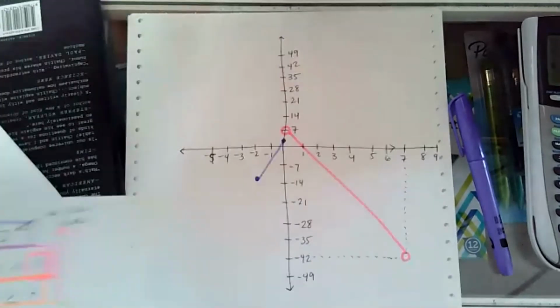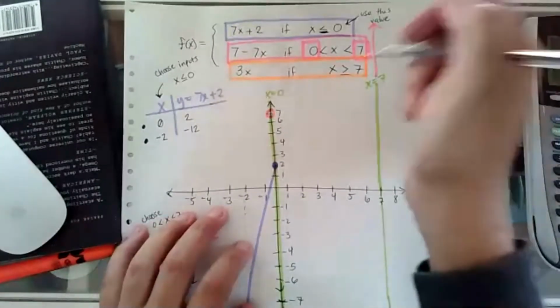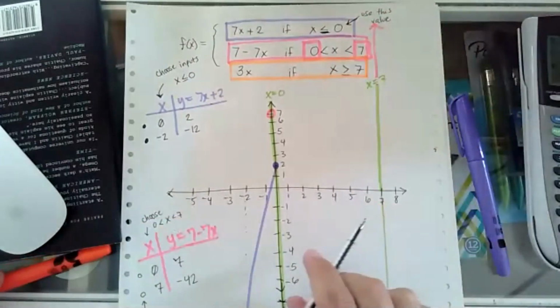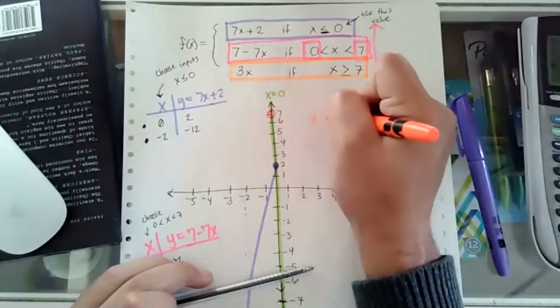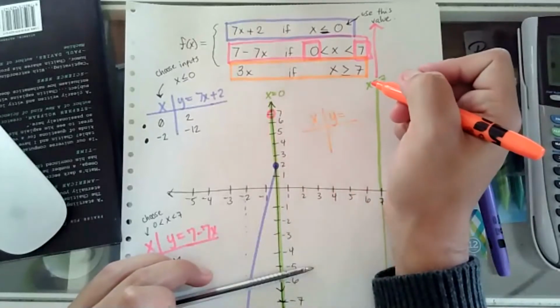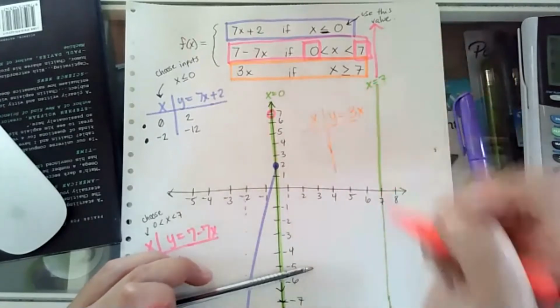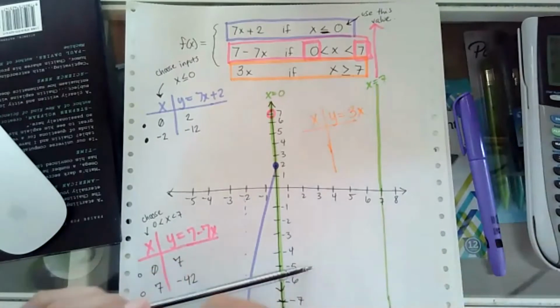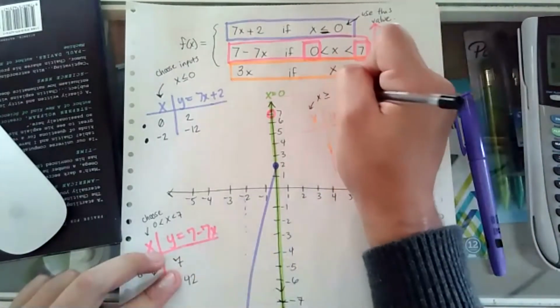And then finally, we might as well continue the work on this page where I have to do my last table, which is x and y is equal to 3x. So we're going to choose input values where x is greater than or equal to 7 here.